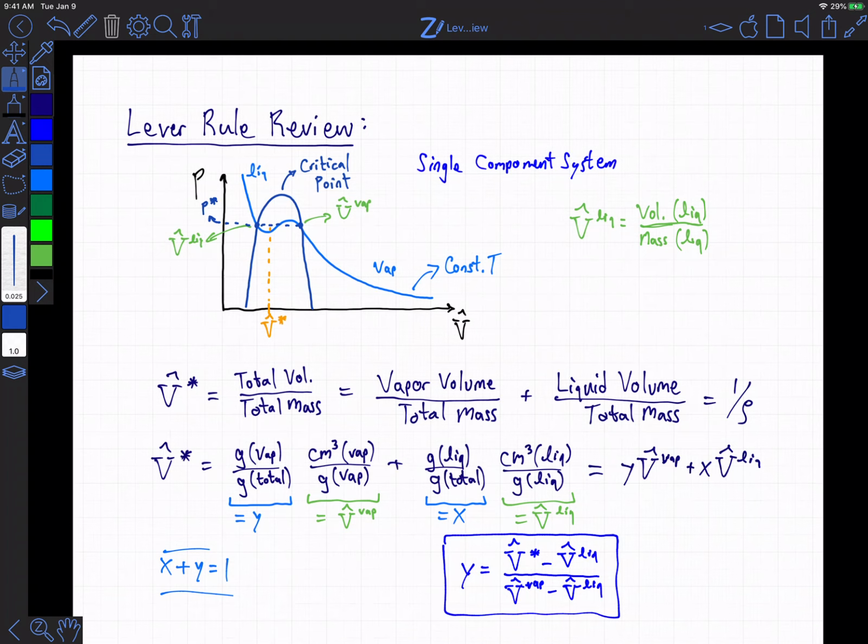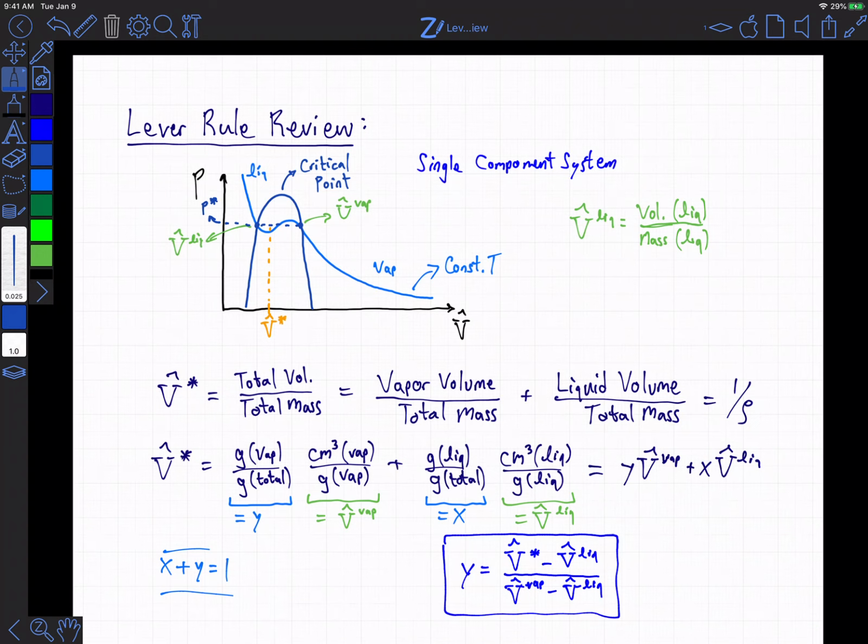And remember that basically what this lever rule is doing is telling us something about the position of V star in between the specific volume of the liquid and the specific volume of the vapor. And we see that here from both the equation, and we can think about that in terms of the tie line position as well. We're sort of looking at the ratios of the two different lengths that we have set up by the numerator and the denominator in the equation.